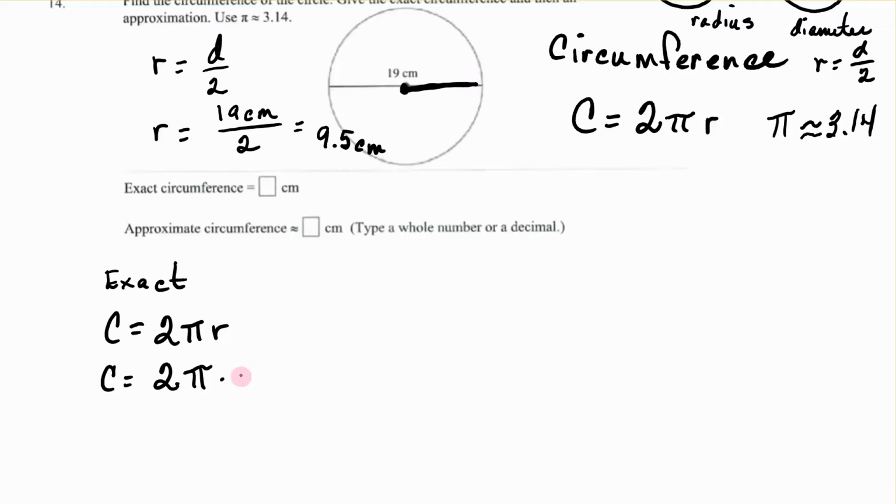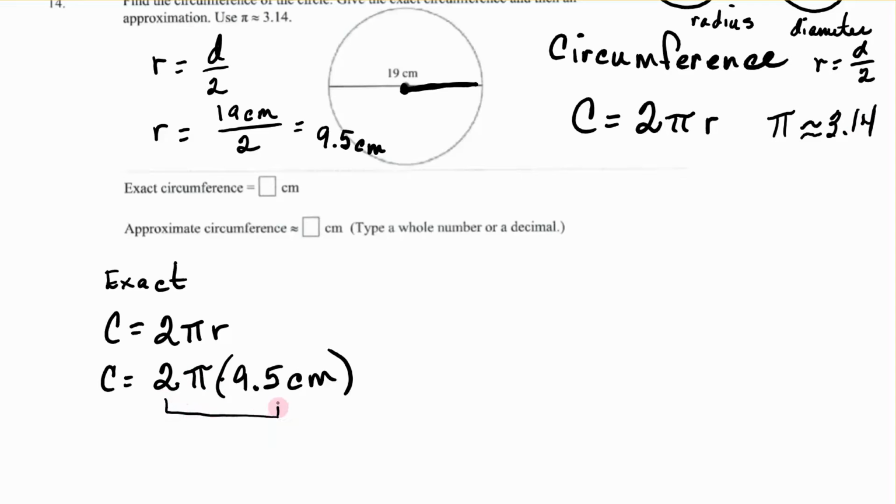All right, so I'm going to put in the place of the radius 9.5 centimeters. Now this, what I'm about to do, feels awkward. Exact means no rounding. If you use 3.14, you're using a rounded number. So I'm going to leave the pi symbol in my answer.